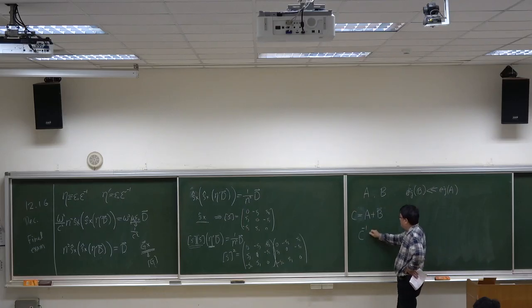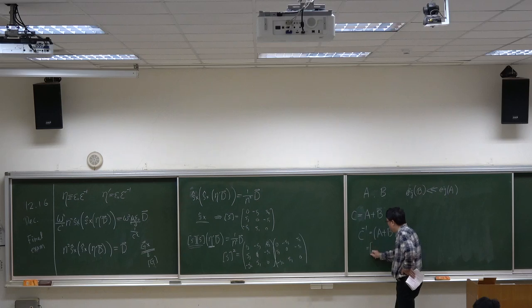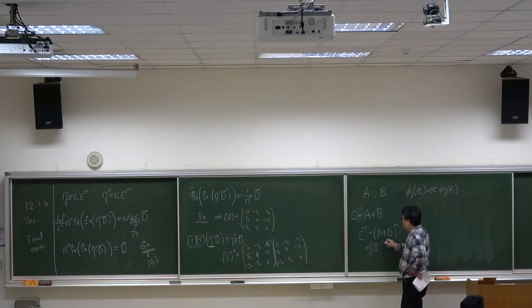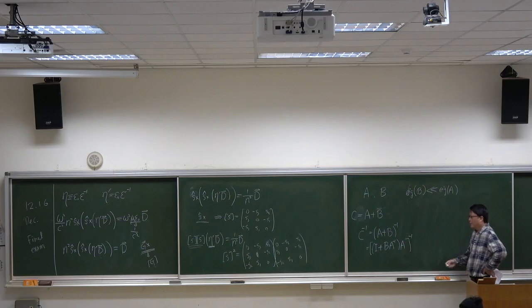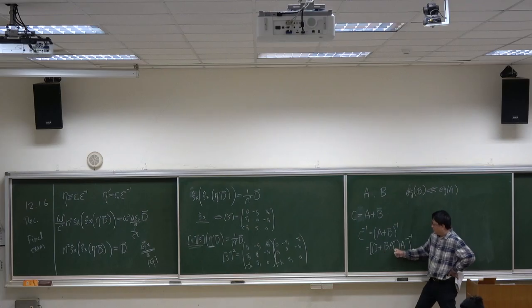Okay. We want to find the inverse of A plus B. Okay. And then we can write this as A times unit matrix plus A inverse times B.